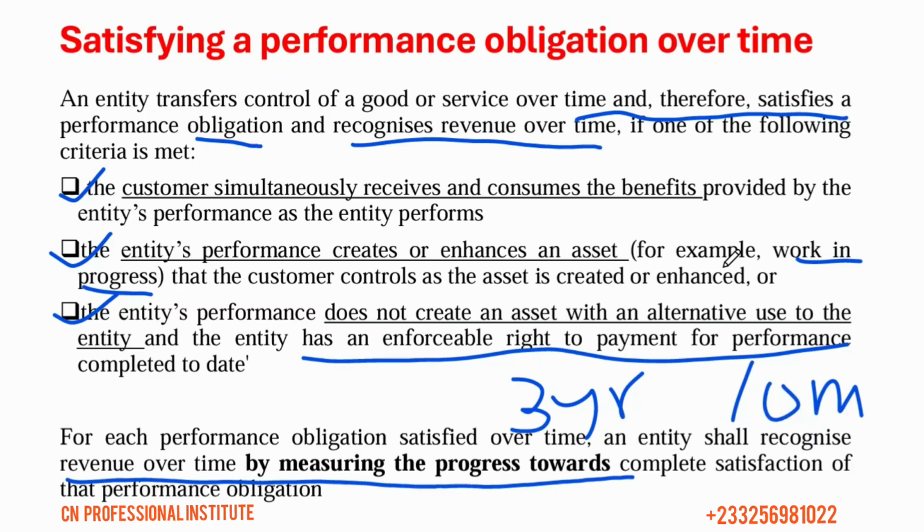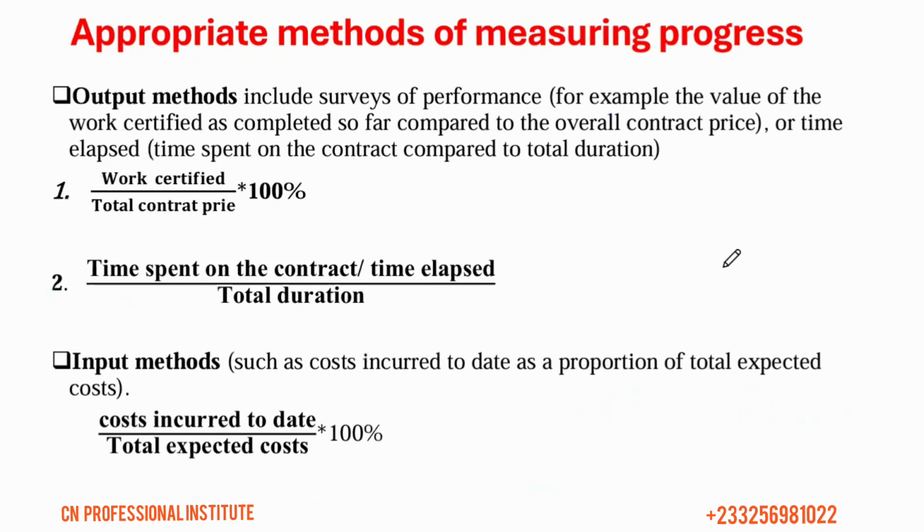So let's do more about performance obligation over time. We said that if performance obligation happens over time, we have to find the progress. Progress is a percentage of the performance obligation that we have achieved or satisfied.